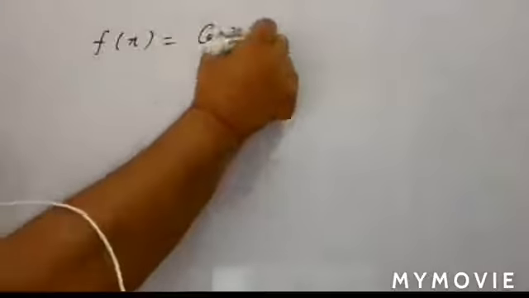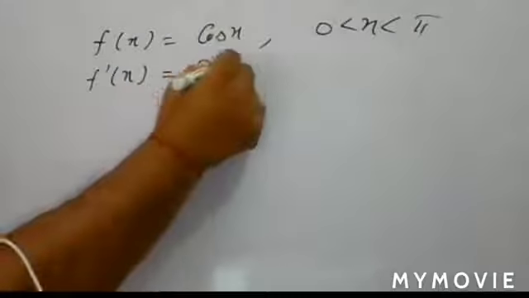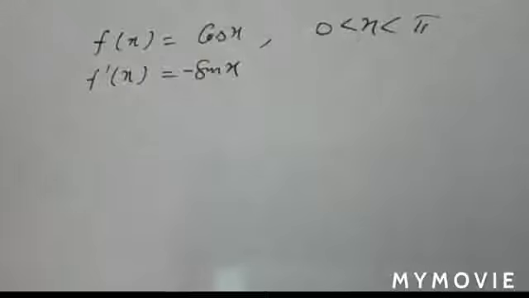f(x) is equal to cos of x, where x is greater than 0 and less than pi. So in the entire interval 0 to pi, you have to check it. So what you do here, you take f dash x which is equal to minus of sine x.